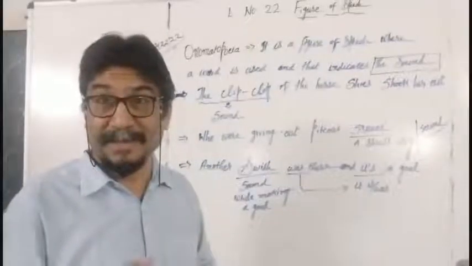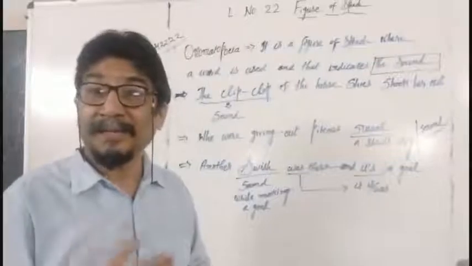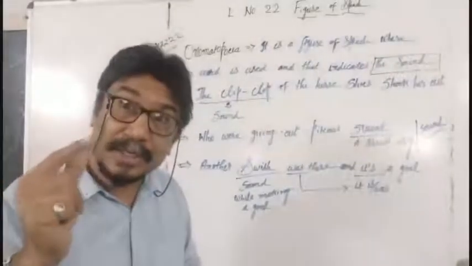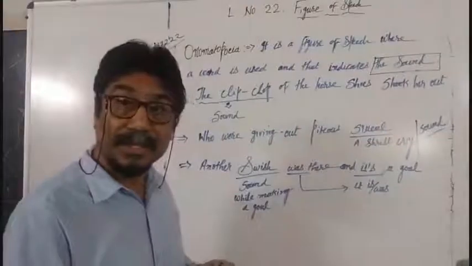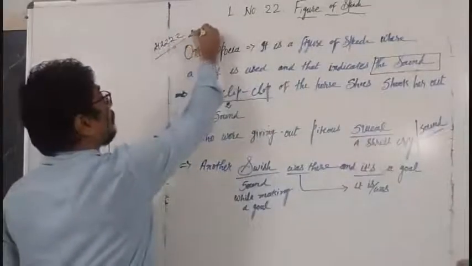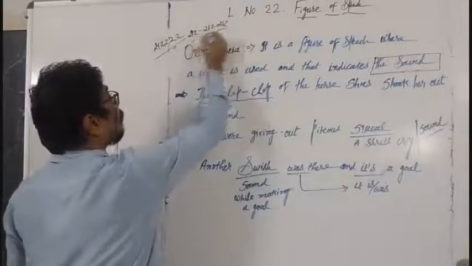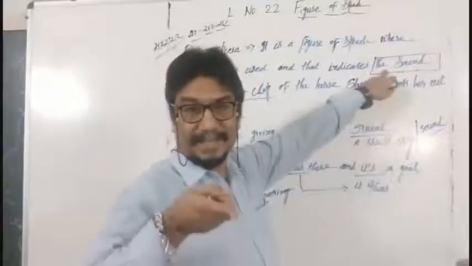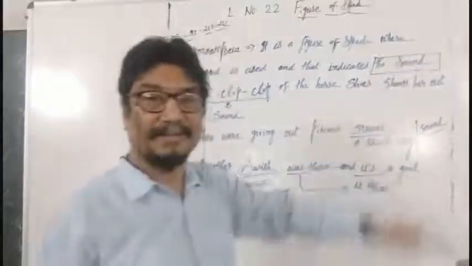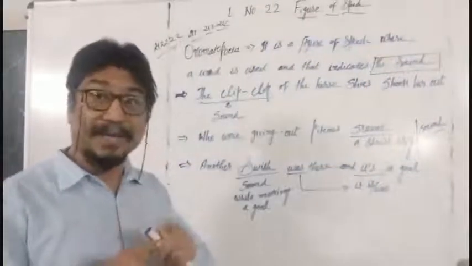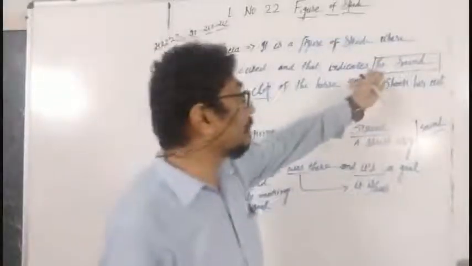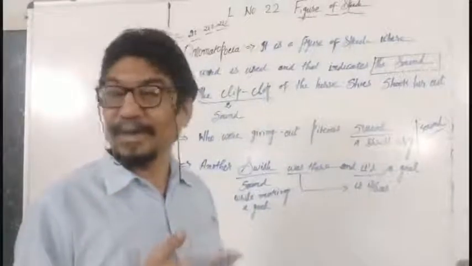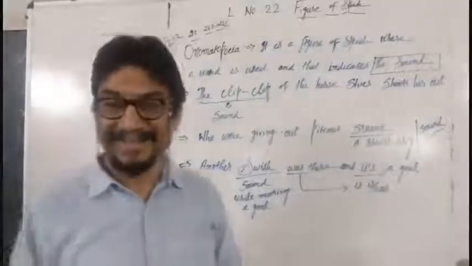Chat chat chat. You have to write it chat chat chat. When you write it, you are writing the word, but that word is able to indicate the sound. Mama kapda dhoye roz dab dab dab, sound. Chhap chhap chhap. Onomatopoeia. Best example. This is there with you.